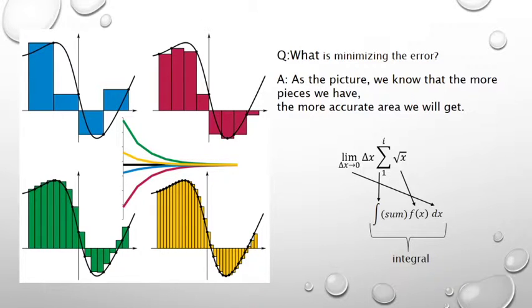After that, we can rewrite this entire formula again using the integral sign. In Math 1A, we already learned that dx equals the limit of delta x as delta x goes to 0. So we can rewrite the limit of delta x as delta x goes to 0 into dx.